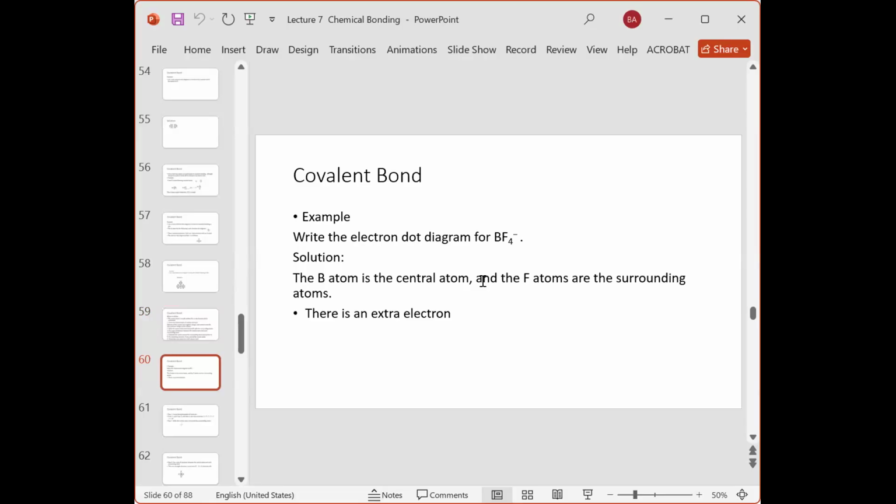So whenever we count the number of valence electrons, we need to add 1 to it. The boron is the central atom, and the fluorine atoms are the surrounding atoms, and there's an extra electron.